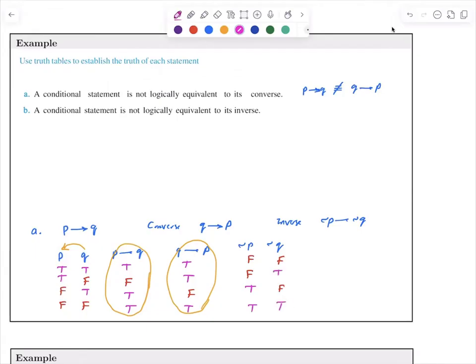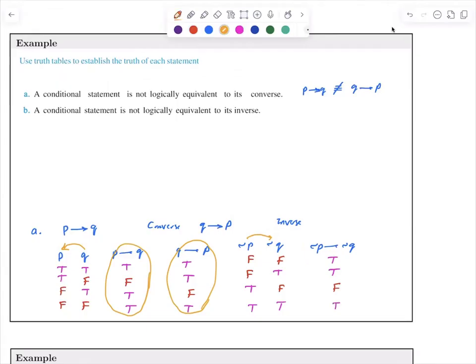So not P, then not Q. False, then false is true. Let me move this here for the inverse. False then false is true. False then true is true. True then false is false. True then true is true.